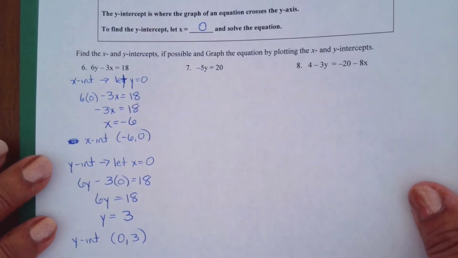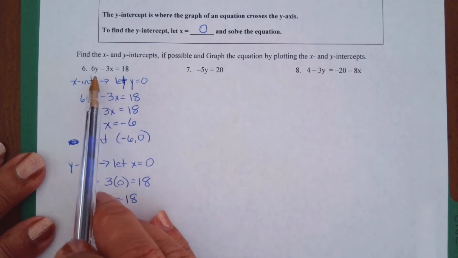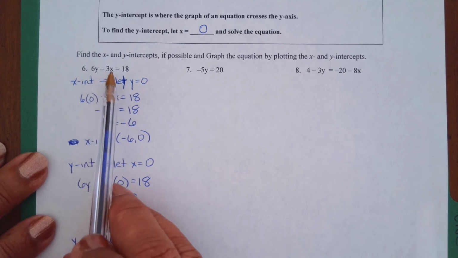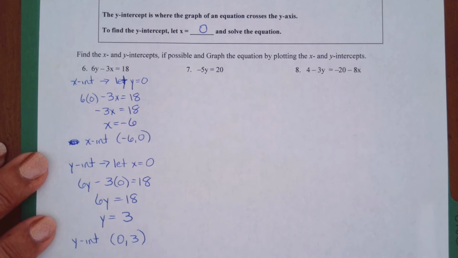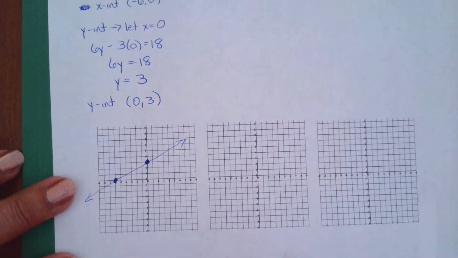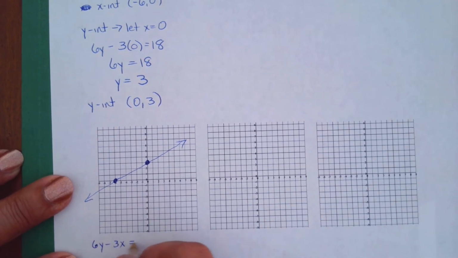Now, going back to what we just did on the page before, that is a linear equation, but it's not in standard form. For standard form, I would have to move these two terms around, and then I can't have a negative x. So I'm going to take this down here just to practice. 6y minus 3x equals 18.